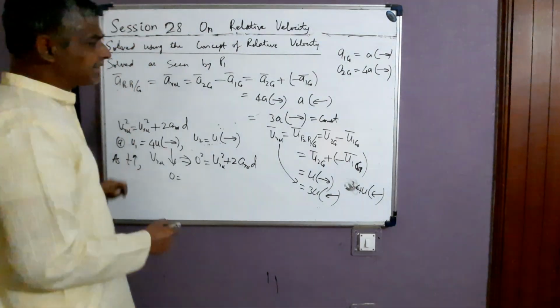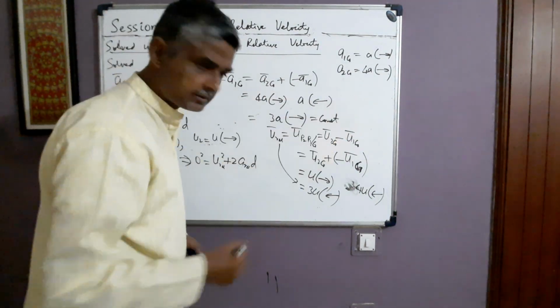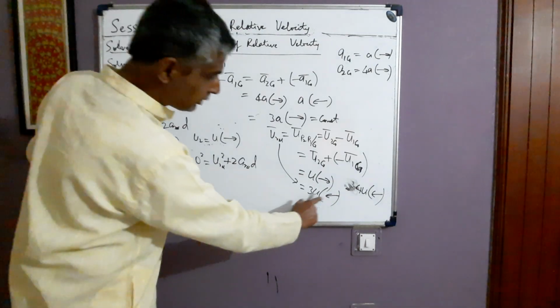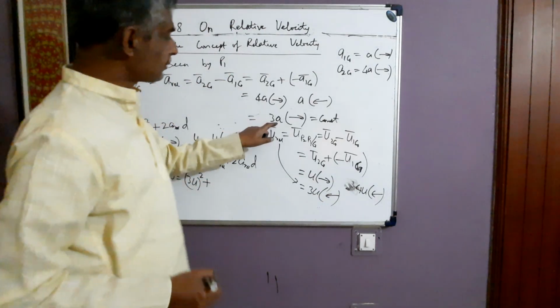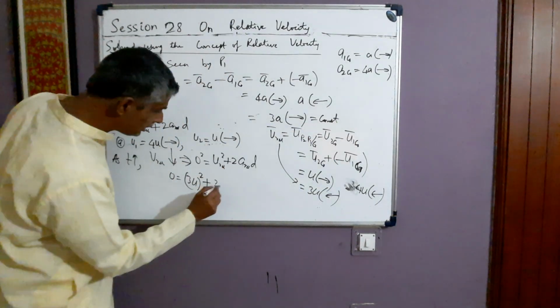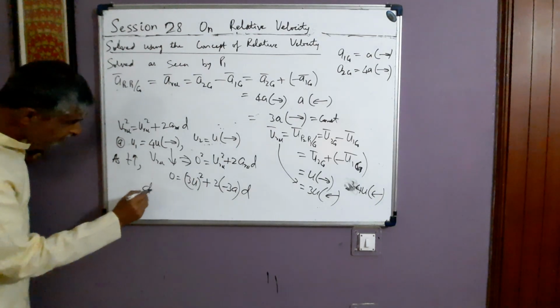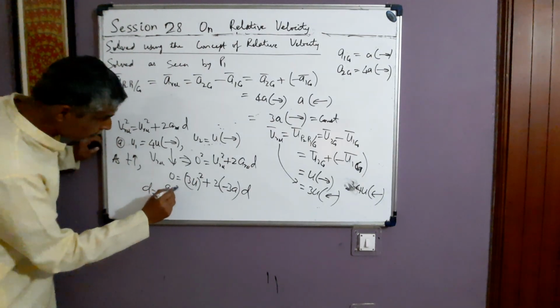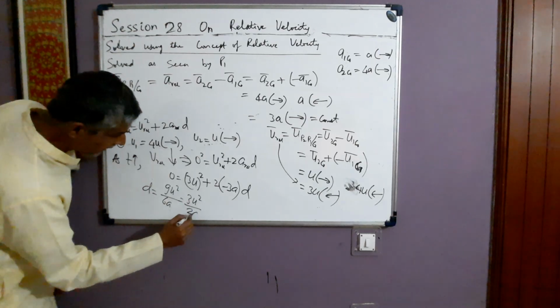Along the line of motion, I take the rule that left side is plus and right side is minus. So U relative is how much? 3U left, so that is positive. And A relative is how much? 3A rightward, and left I have taken positive, so A relative will be taken to be minus 3A. So on solving this, D comes how much? 9U square by 6A, that is 3U square by 2A.